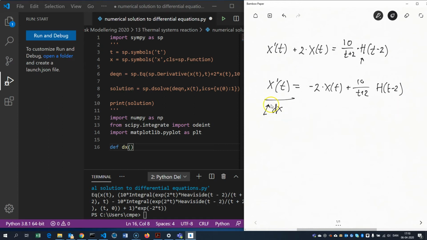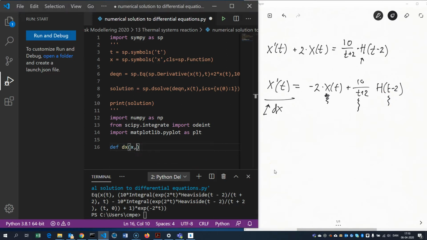So this is what I refer to as dx. As you can see, dx is a function of x itself, and it's a function of t. That doesn't have to be the case, but it is in this case. So I'll write x and t here.